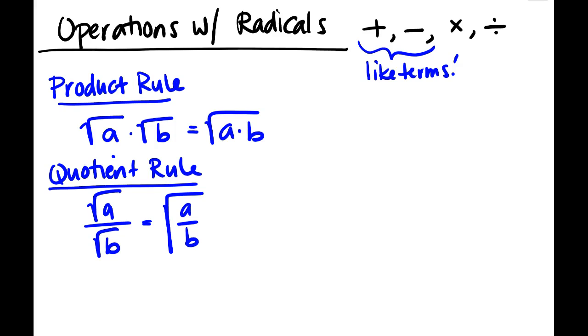If you know a little bit more, just to give you a heads up about what a radical actually is, or how we can write it in a different way, these rules make a ton of sense. So here's where I'm going to tell you something I didn't tell you in class, because technically it's not part of the Math 92 curriculum. But I think it makes all of this stuff with radicals make a lot more sense.